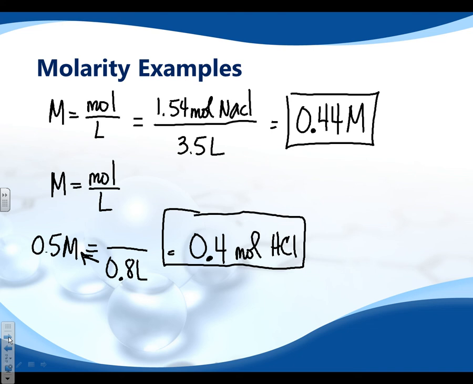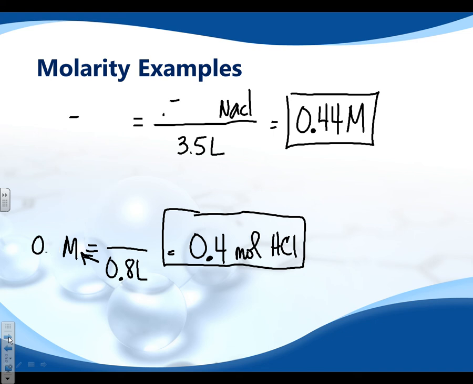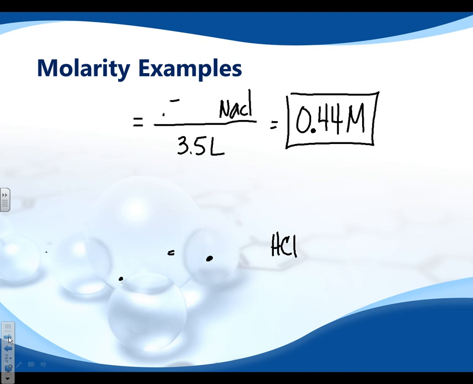Okay. Last example. I'm going to erase this so we have some room to work with. Keep in mind, same formula we're going to use for each of these problems. Same formula, moles over liters of solution.